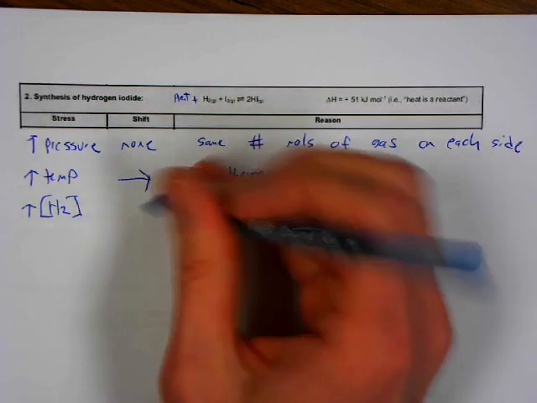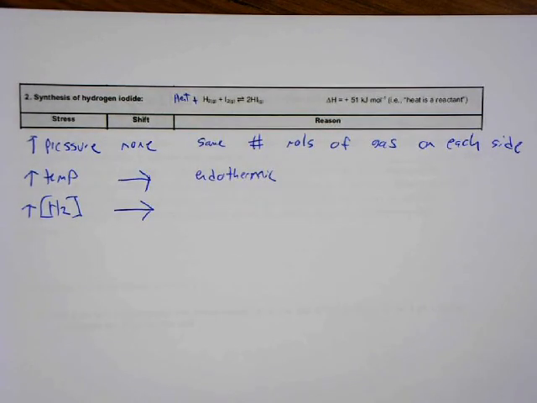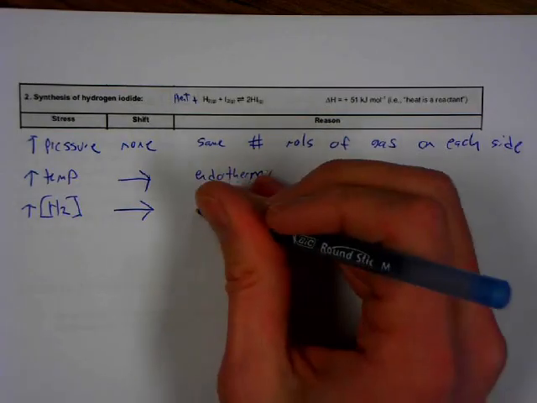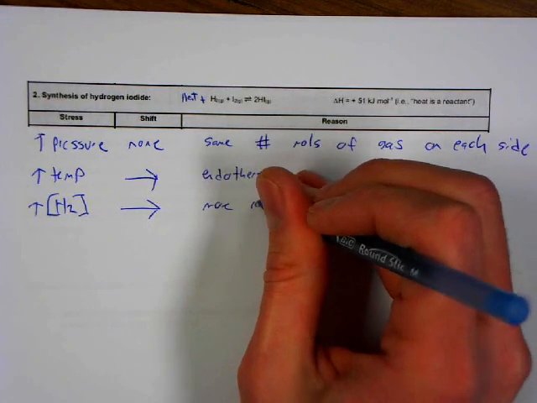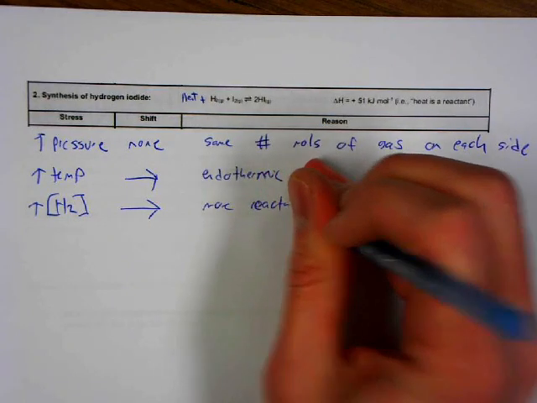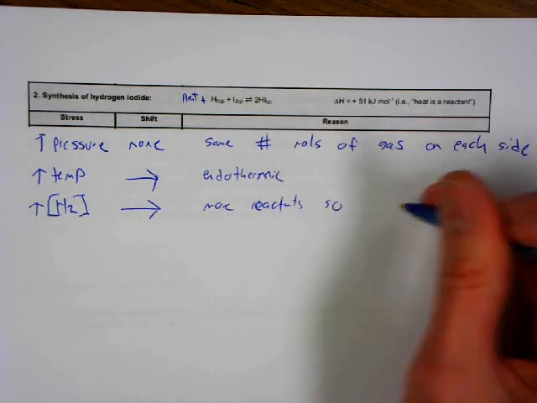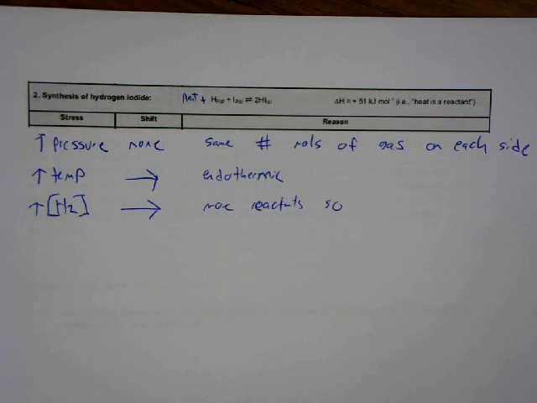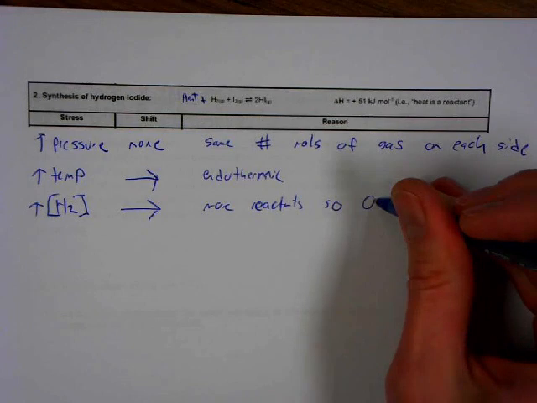Shift to the right. Why? More reactants. So what does that do to Q if we're talking about Q? Q is the reaction quotient.